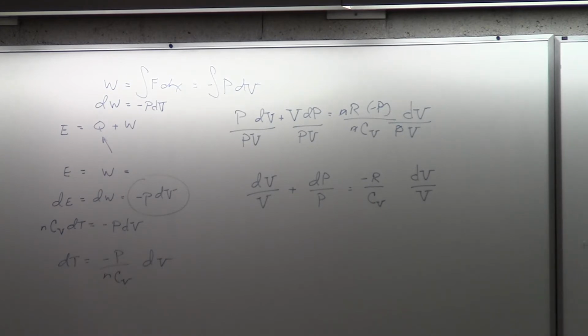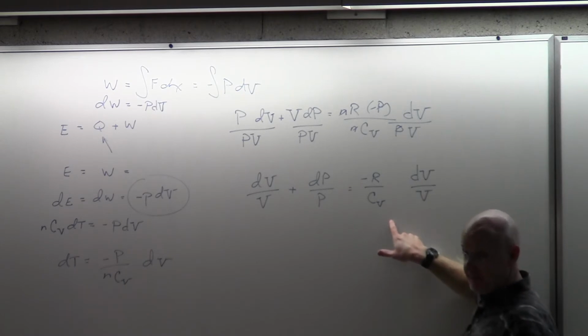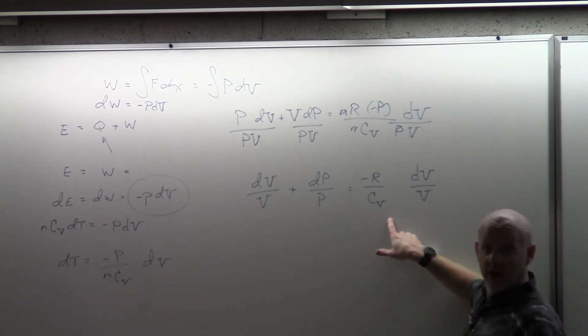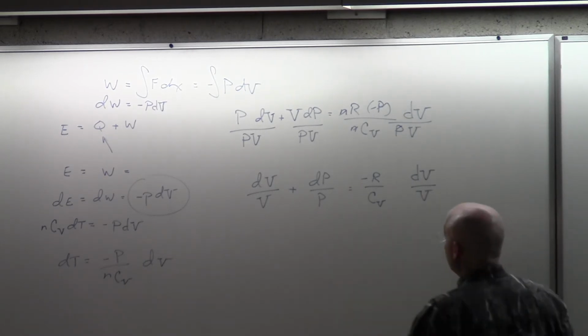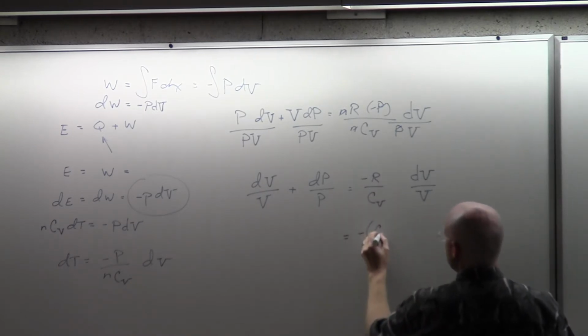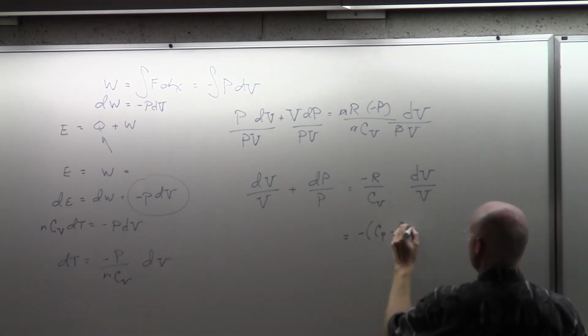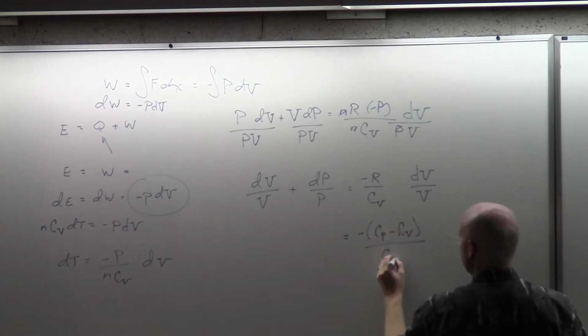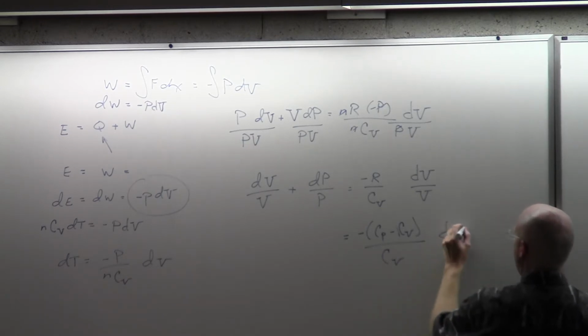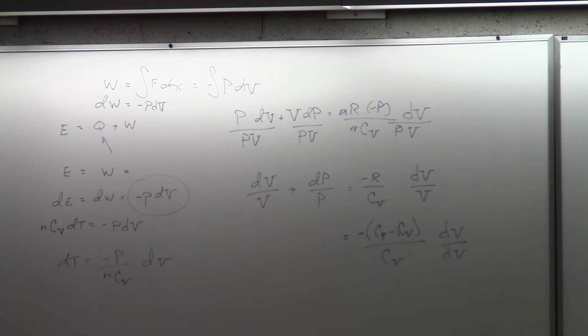Right? This, believe it or not, is where the gamma is going to come in. Doesn't look like it, but you see the Cv already. If I write this R as Cp minus Cv over Cv, I can get rid of the R and have it written in terms of the Cps and the Cvs.